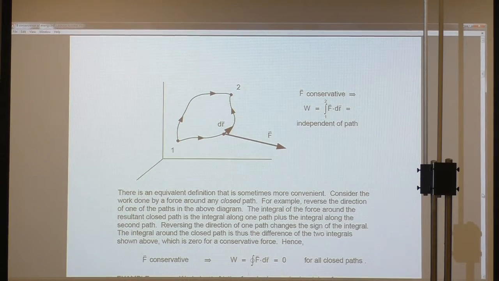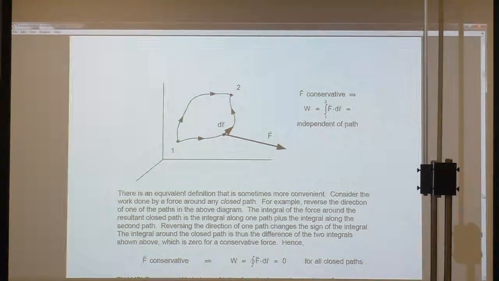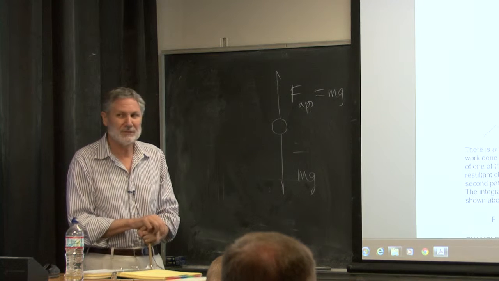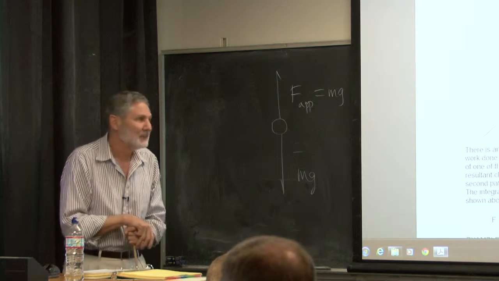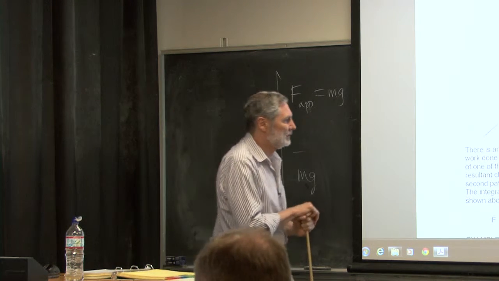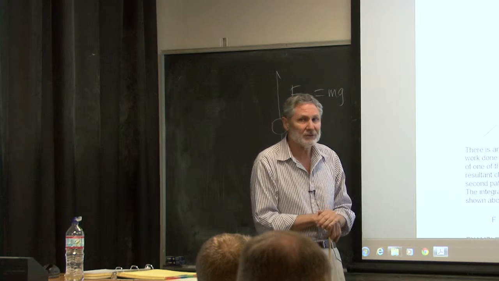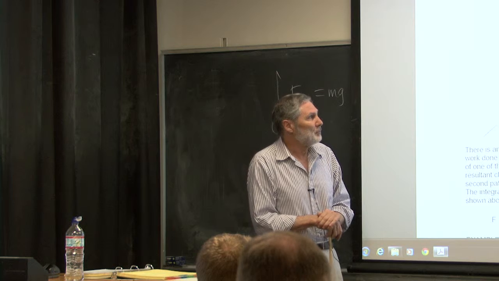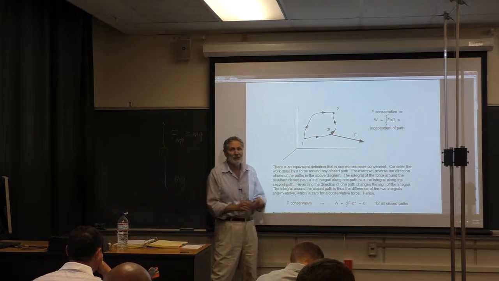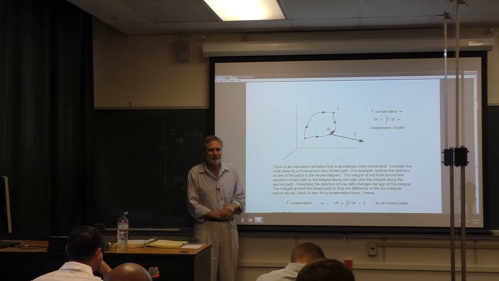If you always get the same value, then the force is said to be conservative. All right? And we'll show that it's going to be easy to see that a potential energy function exists. If it's dependent upon the path, then it's non-conservative.